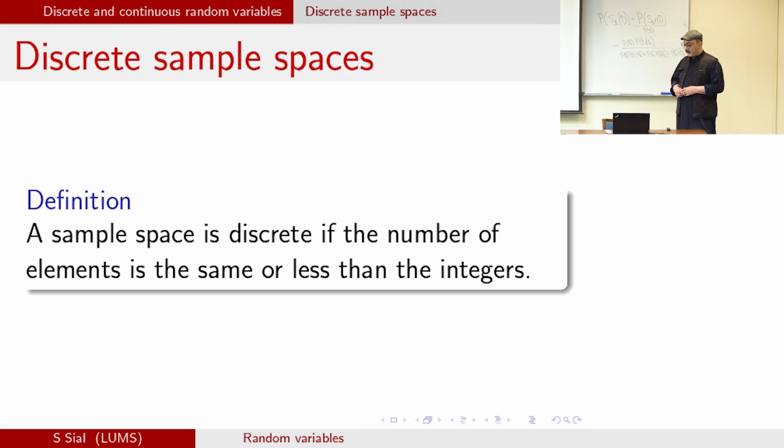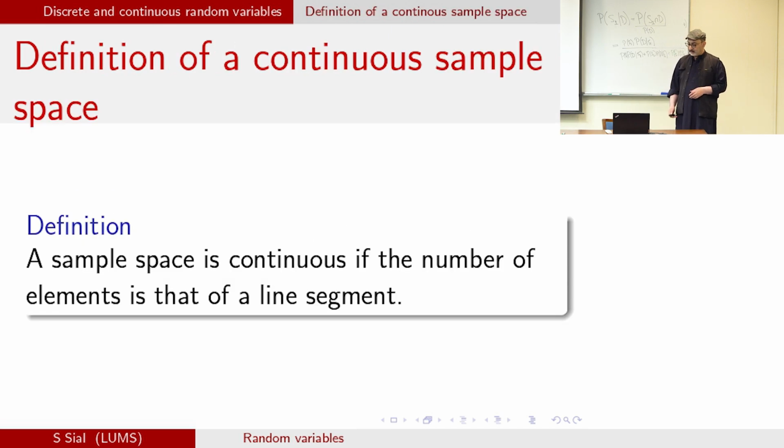Okay? On the other hand, if you have a sample space which is continuous, that is, it has the cardinality of the number of points in a line segment, then it's said to be continuous. And then the random variable defined on a continuous sample space, we say that random variable is continuous. Okay?